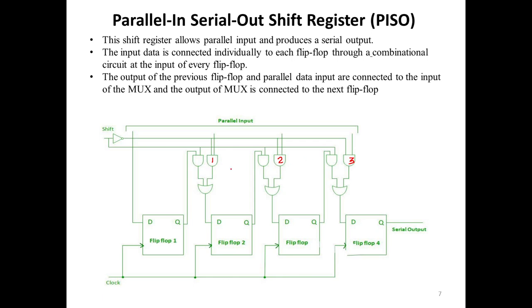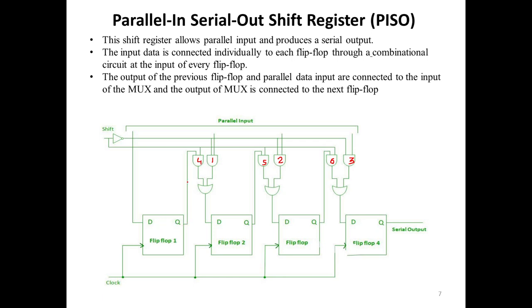So for a loading operation, gate number 1, 2 and 3 will be active. At the same time gate number 4, 5 and 6 will become inactive because they are connected to another control line, which is the shifting line. When you want to do the shifting operation, we have already loaded the data, so whatever data is stored in a flip-flop you want to shift.